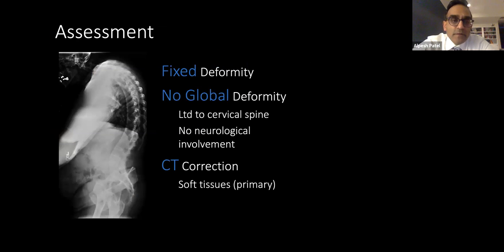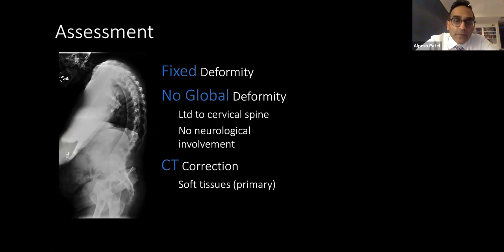If I assess this individual, remember the 3 steps we talked about: fixed or flexible. He's a fixed deformity. He has no global deformity. I think his TL spine, if you look at it individually, is actually pretty well balanced. We may be wondering a little bit about what's going on with his pelvis, but let's say that his TL spine is pretty well balanced. So he had a deformity limited to his cervical spine, and he showed no neurological involvement.